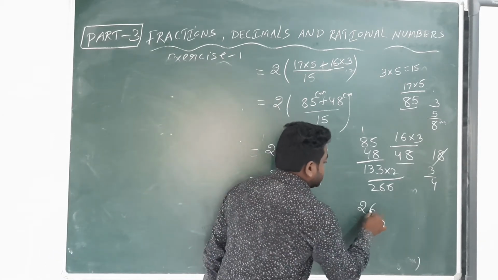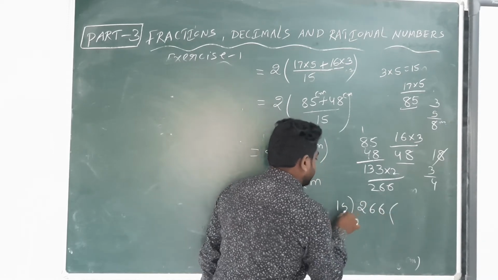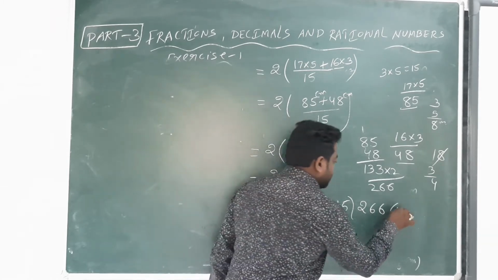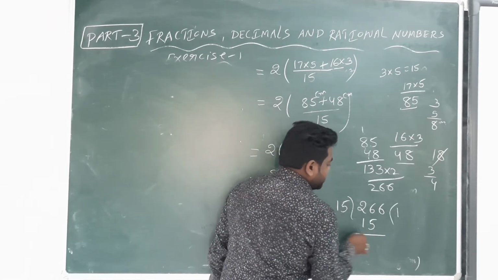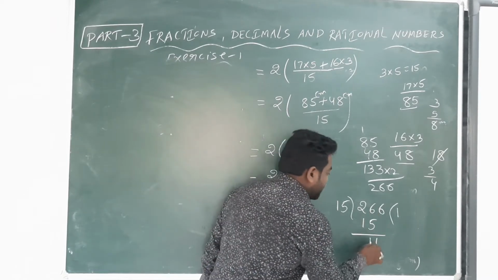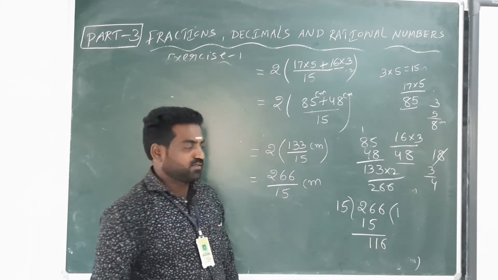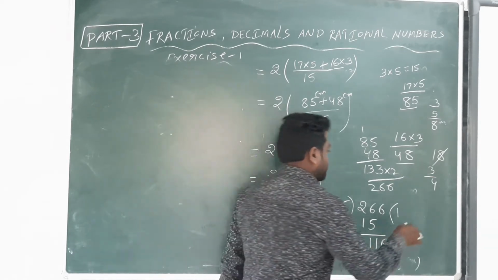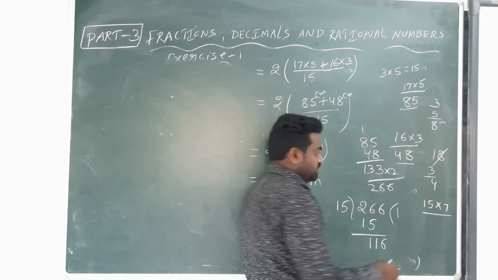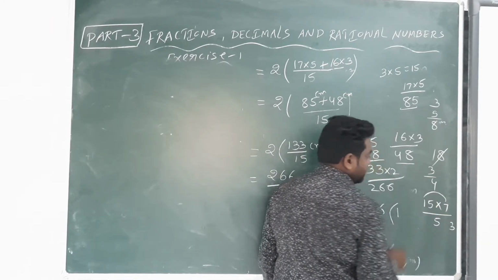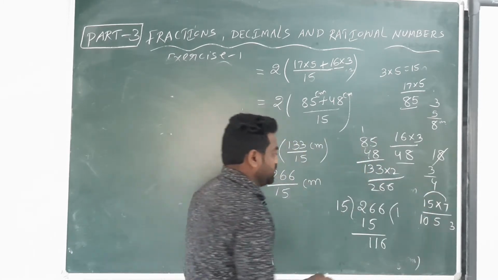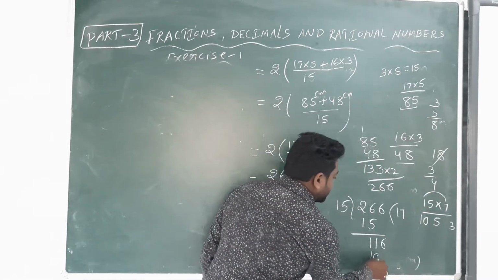Now 266 divided by 15. 1 15 is 15, 2 15s is 30. So we take 1 15. 6 minus 5 is 1, 2 minus 1 is 1. Then 116 divided by 15: 7 5s are 35, 7 1s are 7, 7 plus 3 is 10, 105. 17 times 15 is 105.